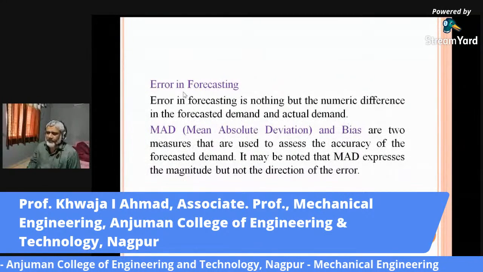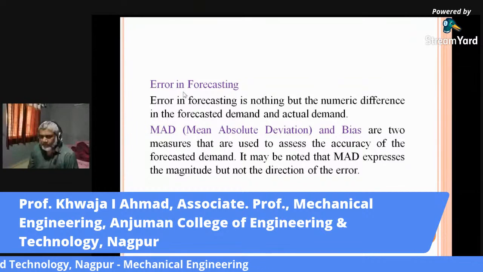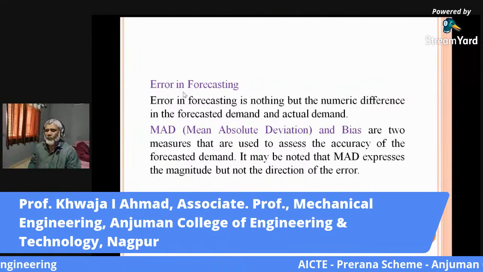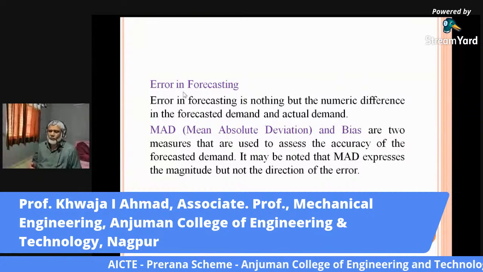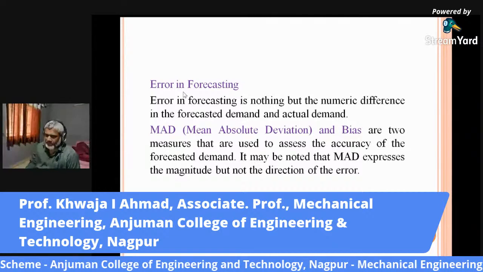Here our second topic ends, that is forecasting. And I hope you must have understood till now what is production system, what is production planning and control, and what is forecasting.